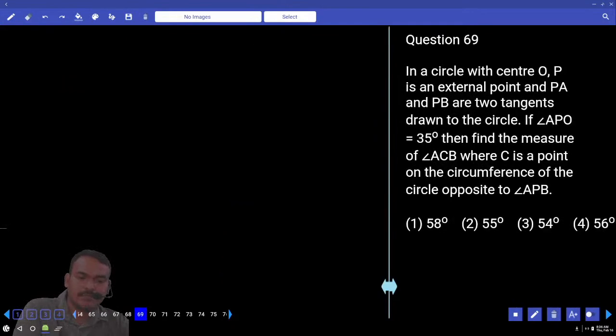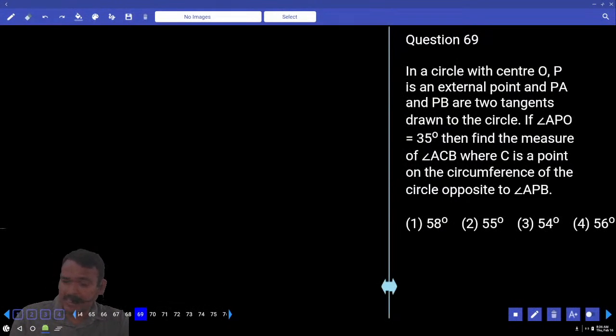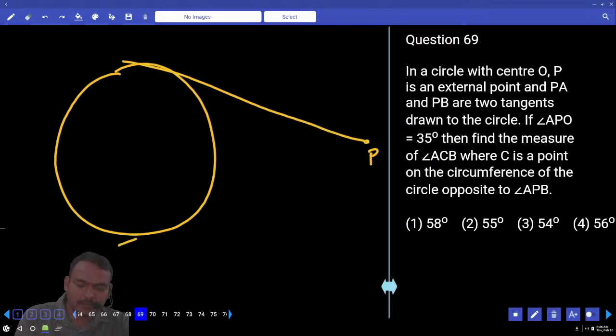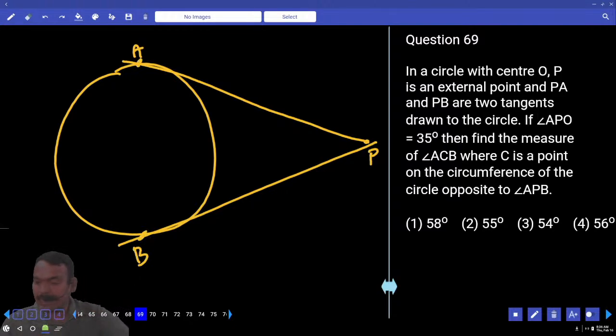First of all, a circle with center O, and P is an external point. One is tangent PA, another is tangent PB.